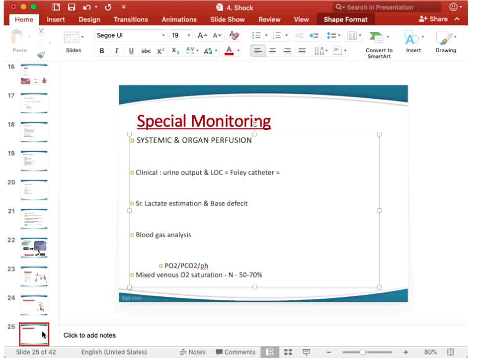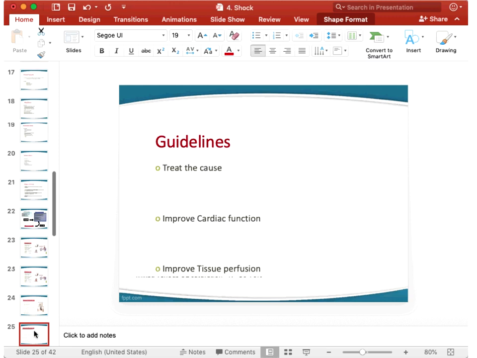How much is enough? The patient has to urinate at least 1 milliliter per kilogram per hour. If the patient is urinating less than that, we're talking about oliguria. If the patient is not urinating anything at all, worry, because your patient is starting with organ failure. Check the urine.